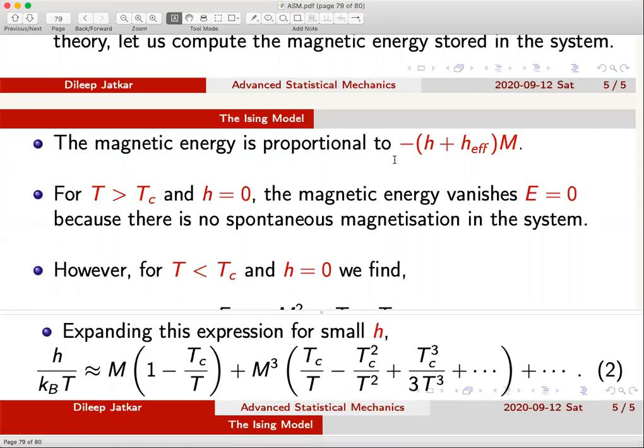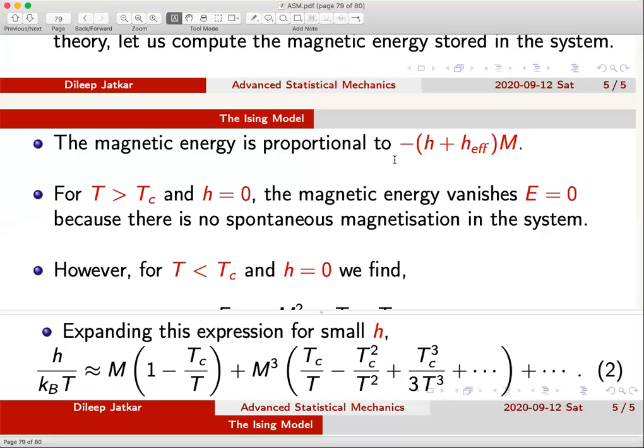The original system has various other contributions to the energy also. There is thermal energy available, there are energies coming from the conduction band electrons, phonon energies and so on. We are ignoring everything of that type. We have a rigid lattice on which only Ising spins are sitting, and we are asking questions only of that subsystem, and that's why I chose to call it magnetic energy, just to distinguish it from the total energy of the system.